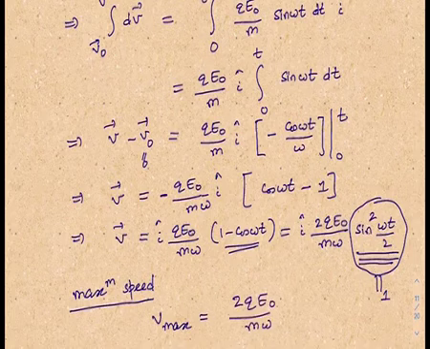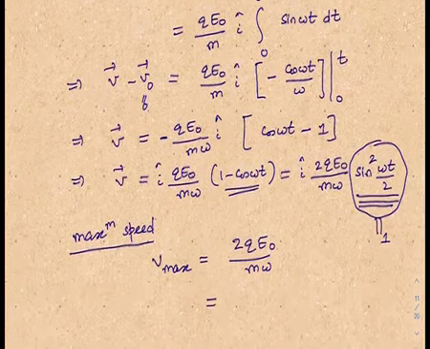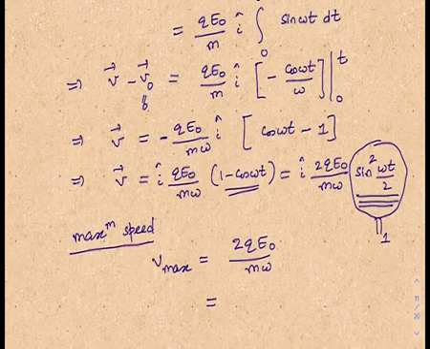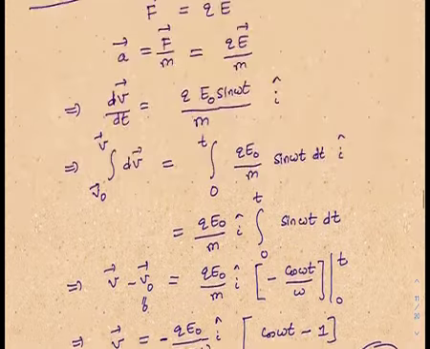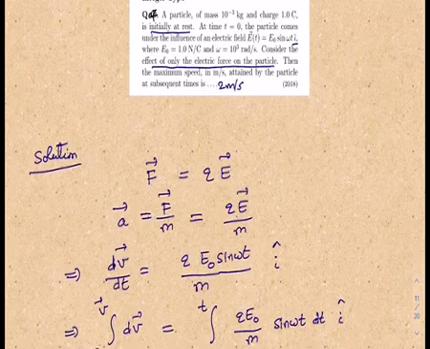All the values are given, and very friendly values. If you put in all the values in SI units, it turns out to be 2 meter per second. So the answer is simply 2 meter per second.